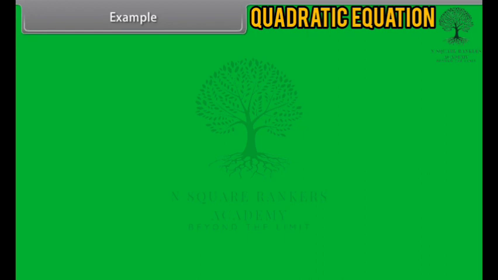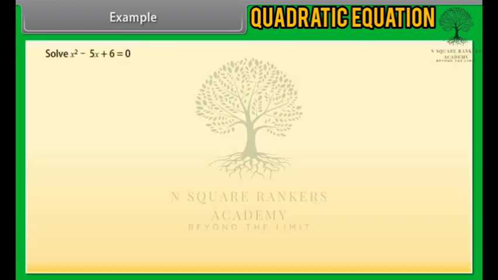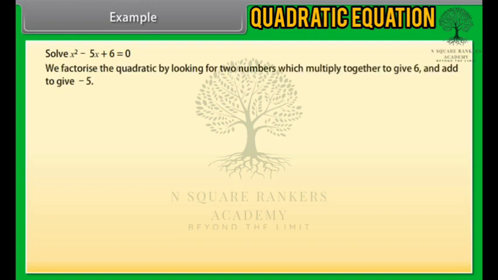Example. Suppose we wish to solve x square minus 5x plus 6 is equal to 0. We factorize the quadratic by looking for two numbers which multiply together to give 6 and add to give minus 5. Now minus 3 into minus 2 is equal to 6 and minus 3 plus minus 2 is equal to minus 5.